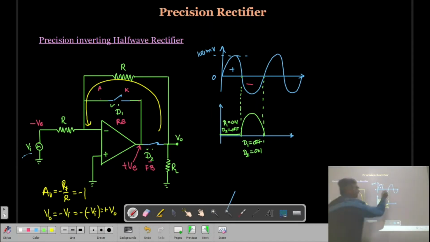So again when the positive cycle will come, then the D1 will be on and the D2 will be off, and there will not be any output. It will be an open circuit.